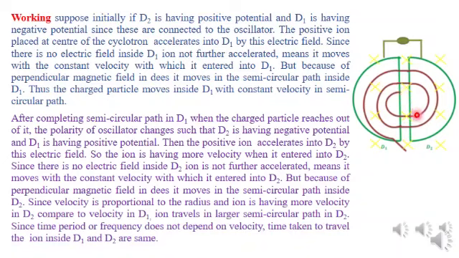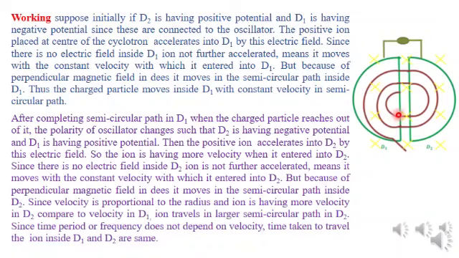The positive ion placed at the center of the cyclotron accelerates into D1 by this electric field. Since there is no electric field inside D1, ion is not further accelerated, means it moves with the constant velocity with which it entered into D1.